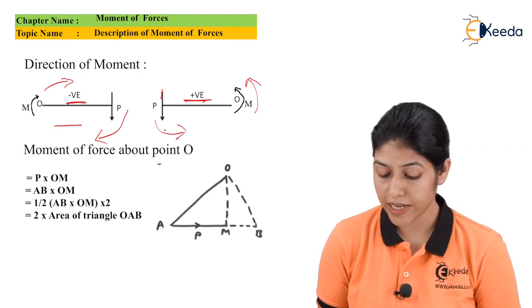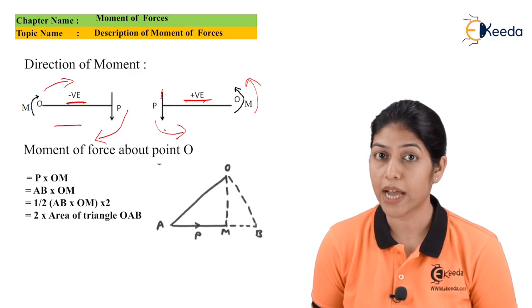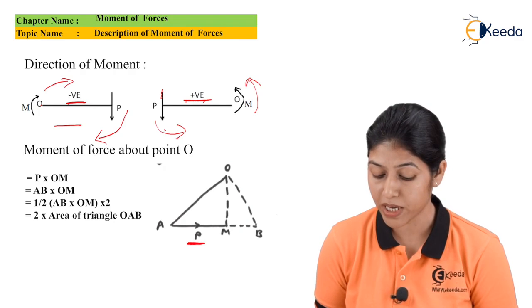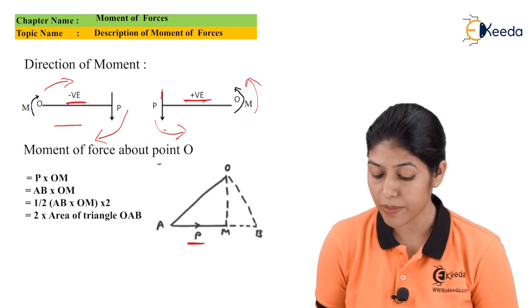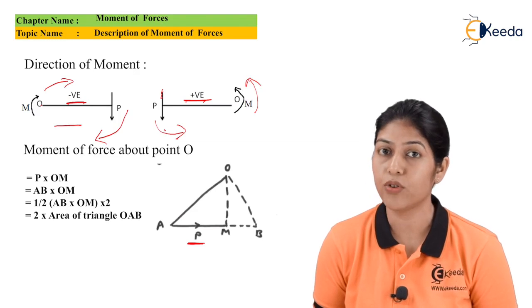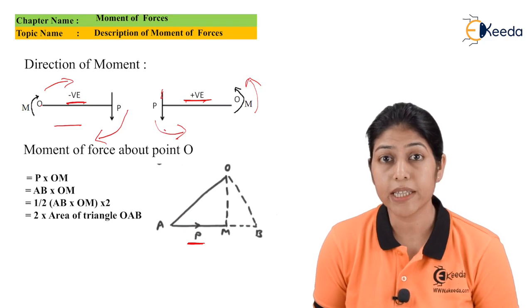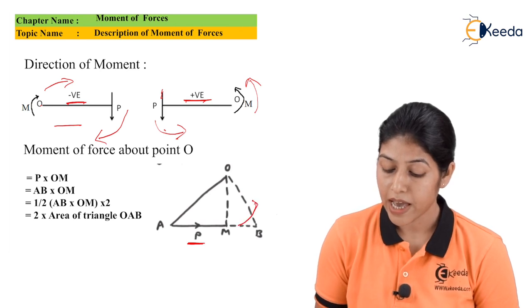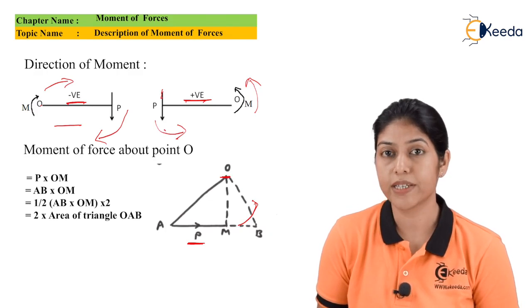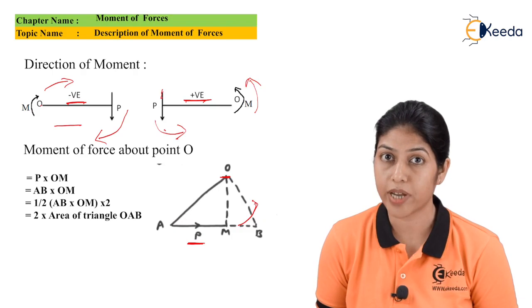Here we are considering a line AB which is represented by the magnitude and direction of the force P. Here this is the force P which is applicable in one particular direction, and this AB represents the magnitude and direction of this force P. And if we are rotating this force P in a particular direction like this, this point O is the moment center about which this force is rotating.